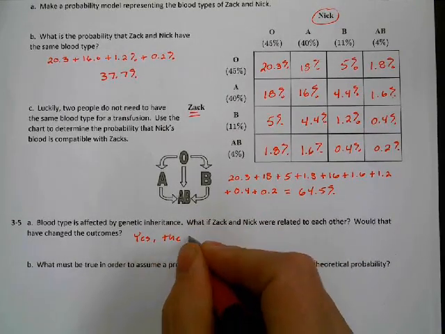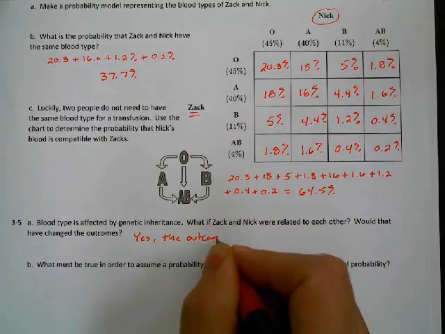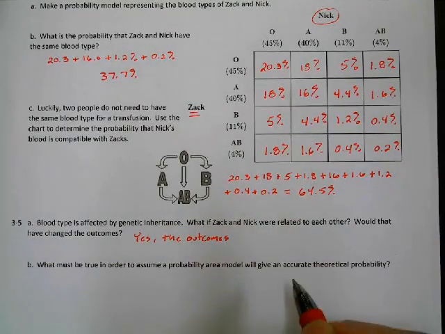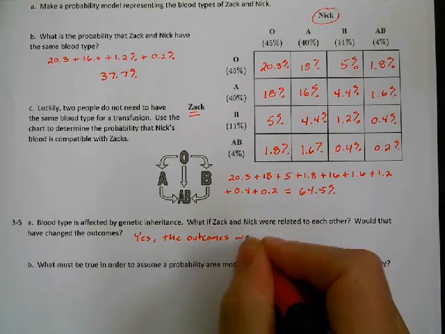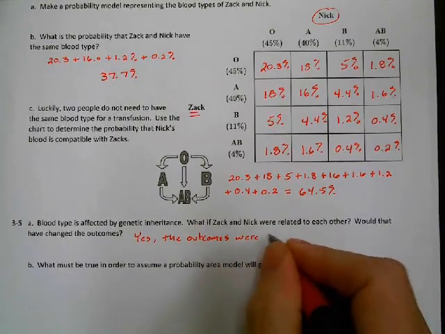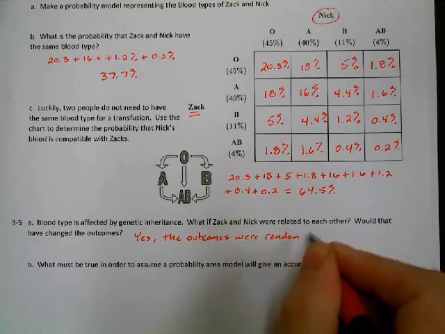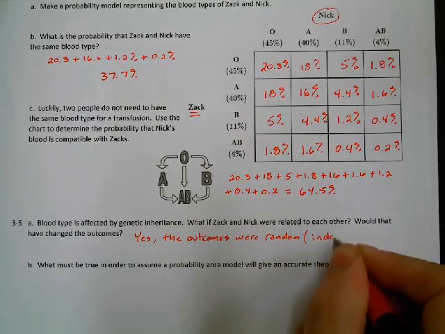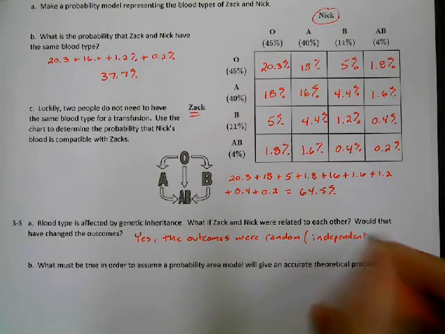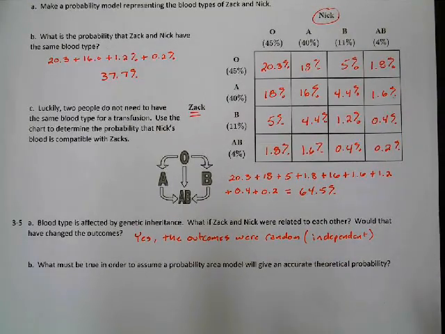that we did up here were random. Meaning they were independent. But if they are related, then they are dependent because the relation means that they're more likely to be connected together by blood type because they have the same parents, so they're more likely to get compatible blood.